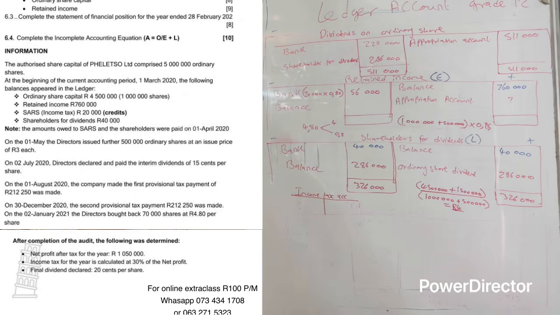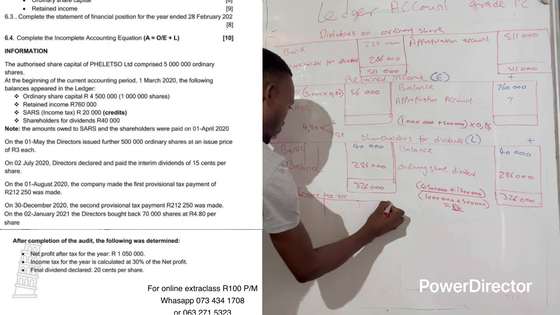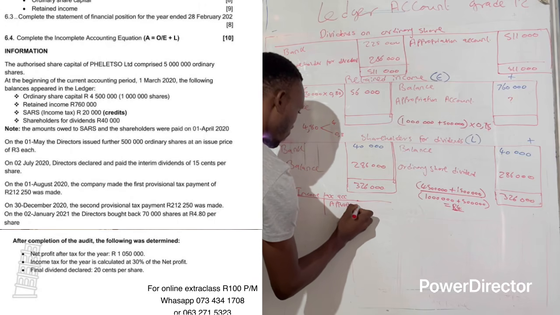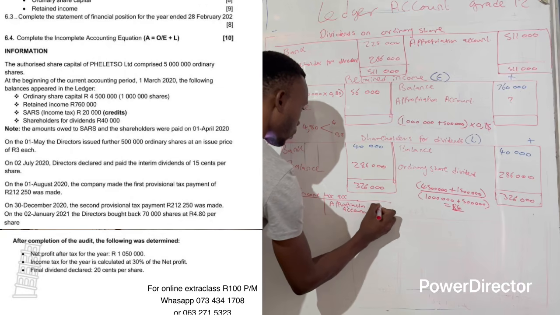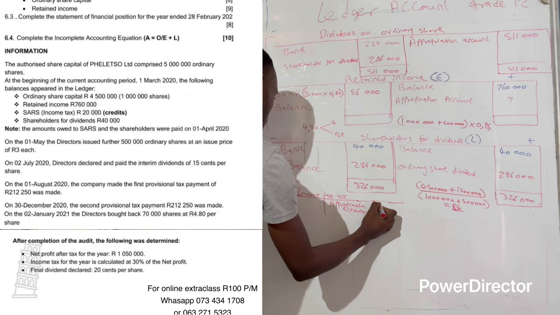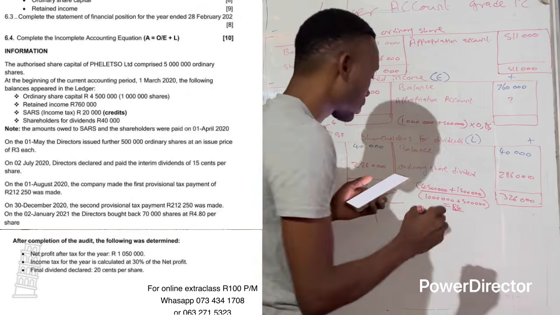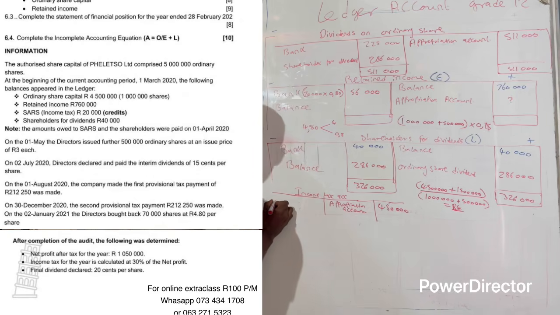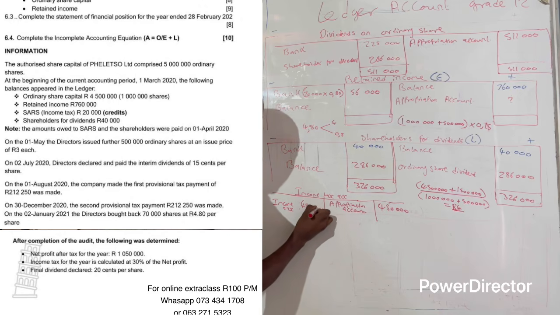This one, guys, we just record the appropriation account on this side. The amount that we calculated from net profit after tax of 450 is the only one that we record here. Income tax 450,000.